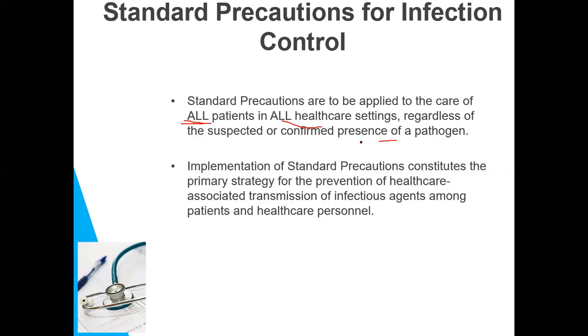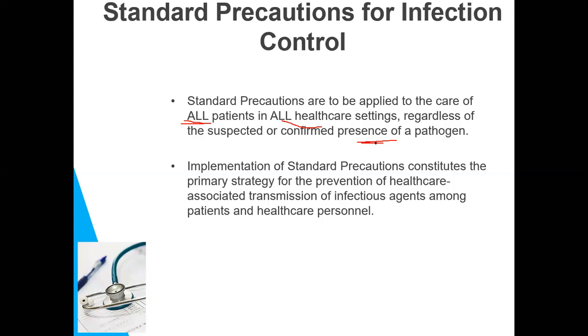So here we estimate or expect that all people within the hospitals are a source of infection, anyone you meet, whether related to the medical staff or not, related to the patient or not, is a source of infection. This is very important.